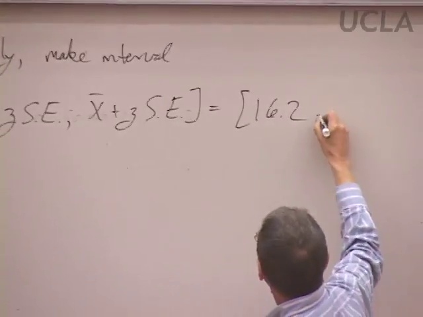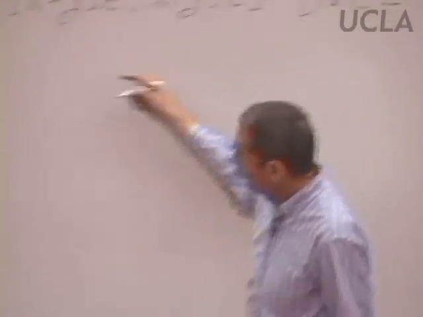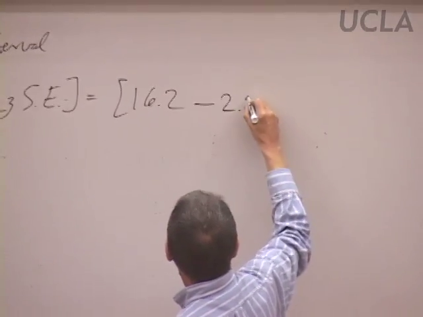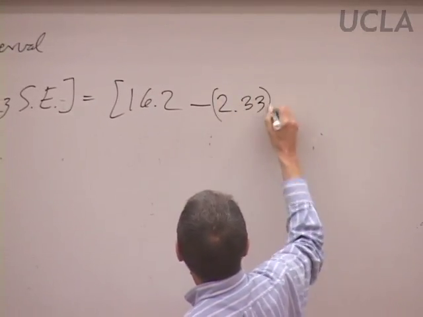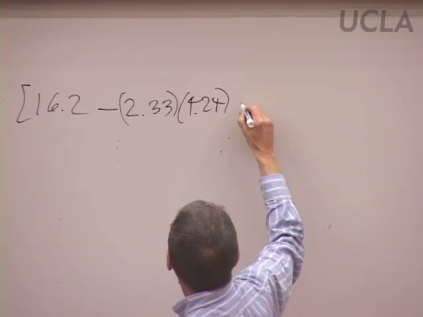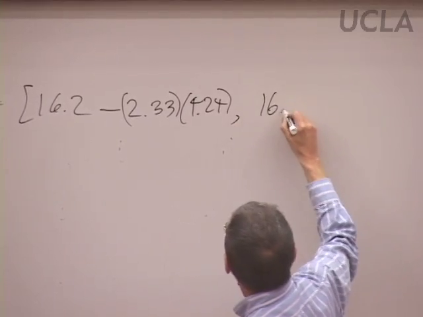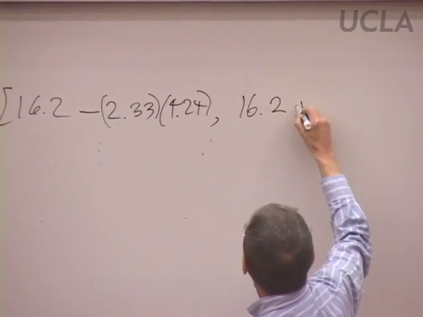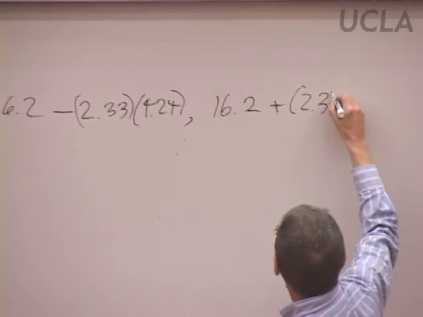The sample mean was 16.2. We're going down z standard errors. And up by the same amount.